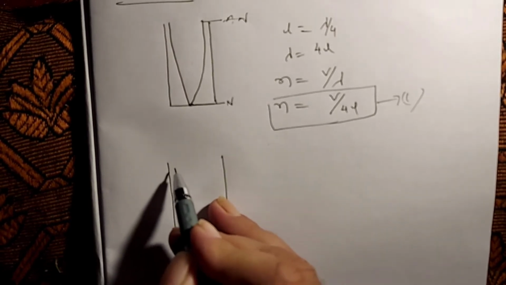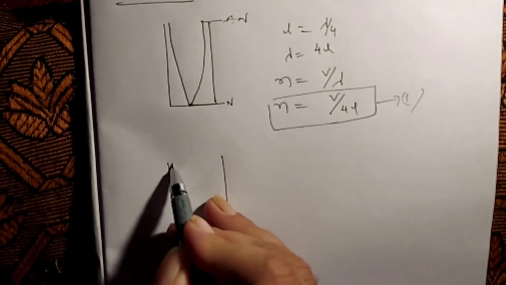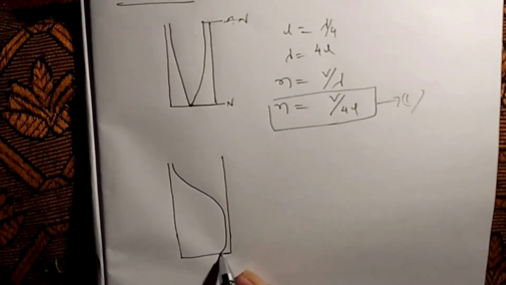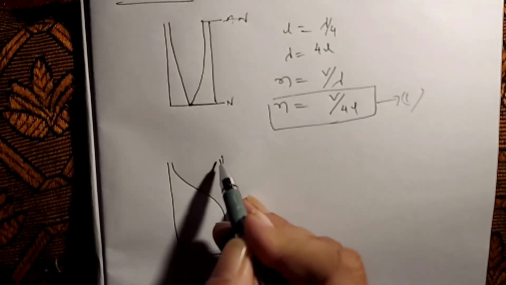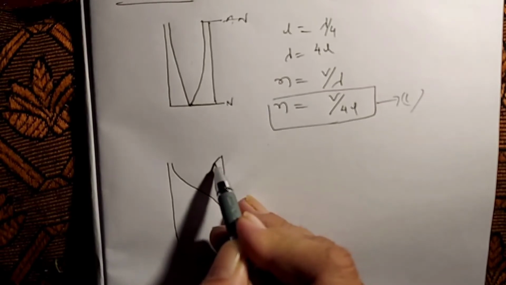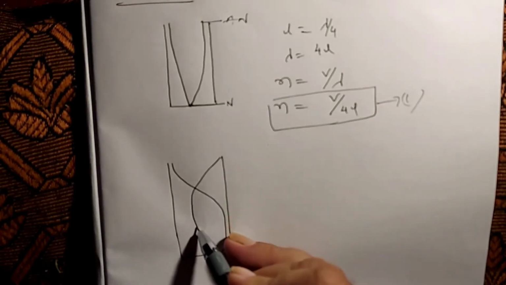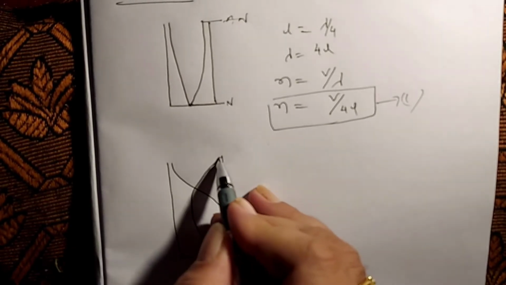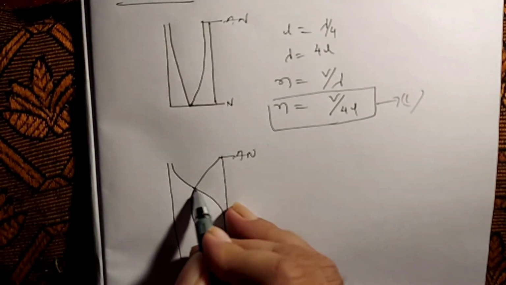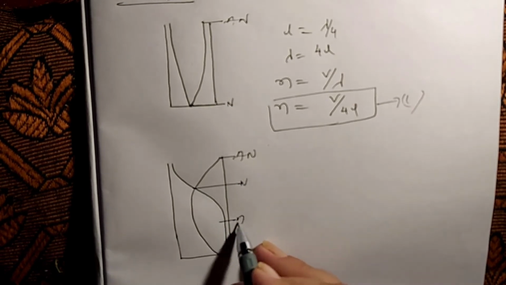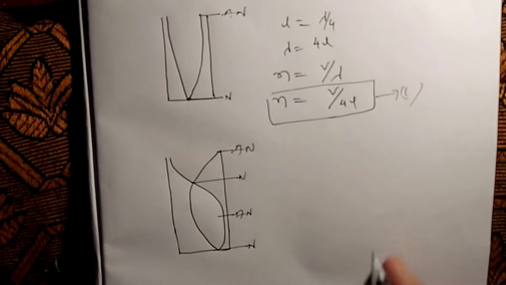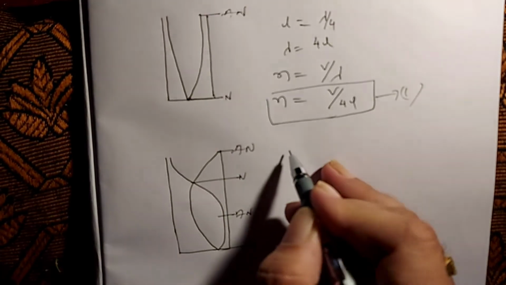In this situation, longitudinal stationary waves are formed like this. Here an antinode is formed, here a node is formed, antinodes are formed, and this is a node. Now calculate the length of the air column.